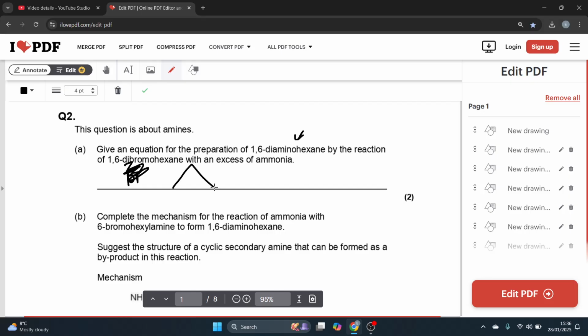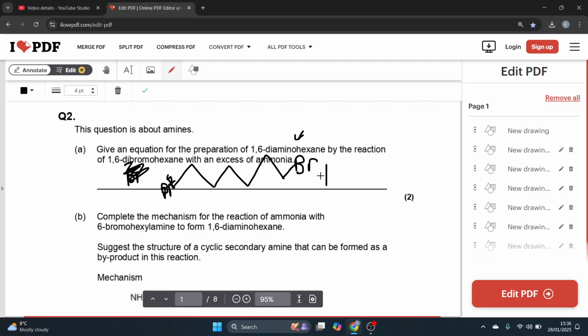So methane, ethane, propane, butane, pentane, hexane. 1, 2, 3, 4, 5, 6. I've got a bromo here on the 6th carbon, and I've got a bromo here on the first carbon. So I just put it as that.